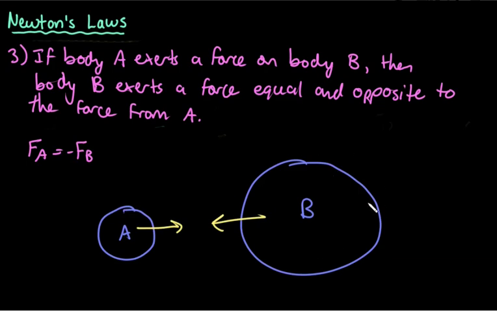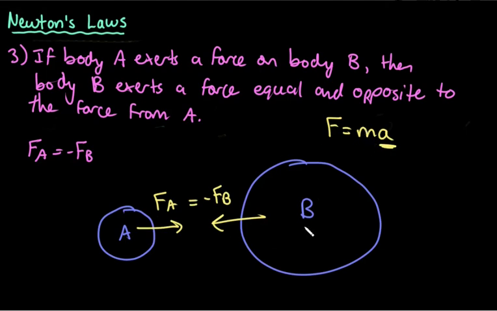Sure, this is a greater mass, but we know from Newton's second law that F is equal to mass times acceleration. This law states that both of these forces are equal to each other, just in different directions. So it's not the force that is going to be greater, it's going to be the acceleration.